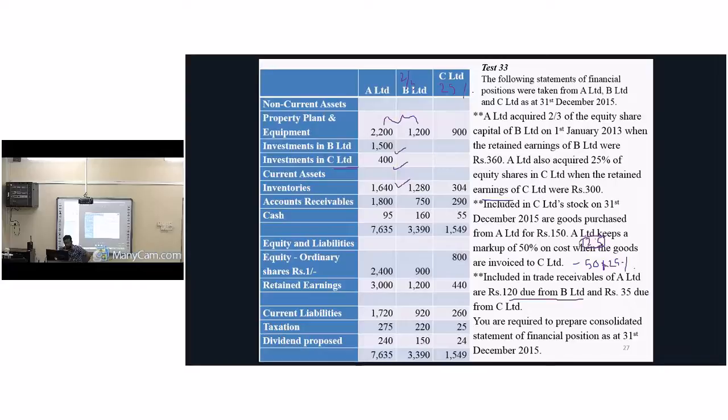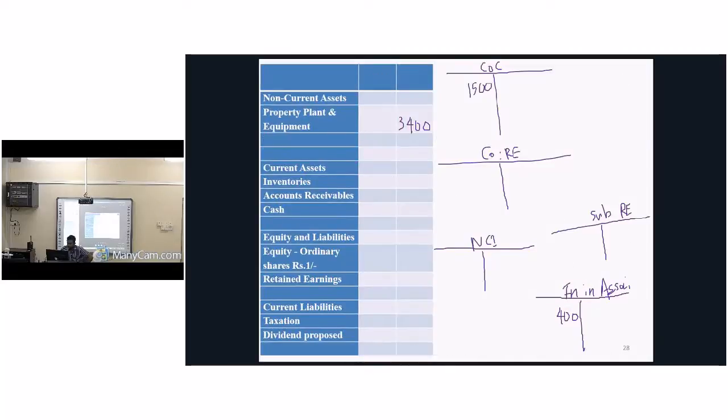Therefore, inventory should not be subtracted. I will take 1640 plus 1280, 2920 as inventories.